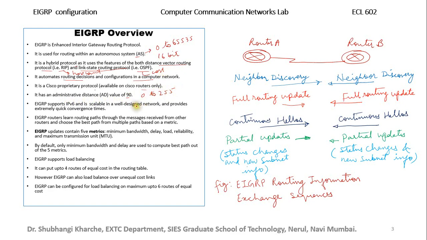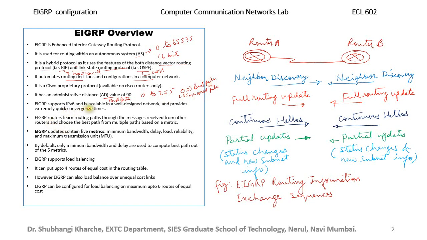This AD value is the feature that routers use to select the best path from the source to the destination. Here a value of 0 means the best path and the value of 255 means the worst path.